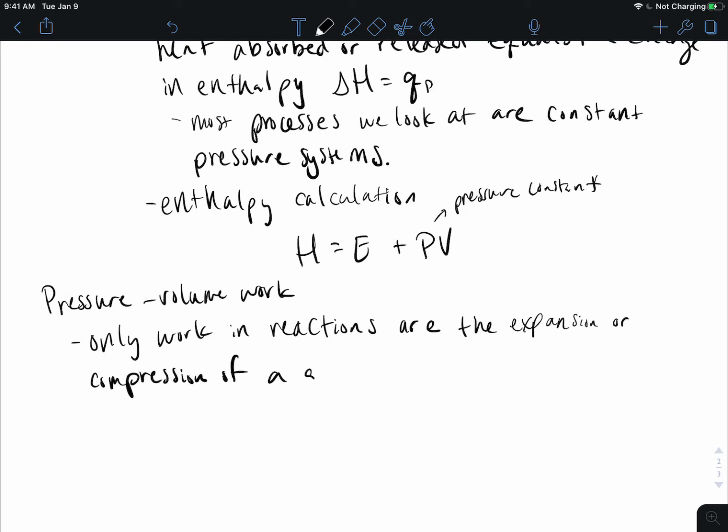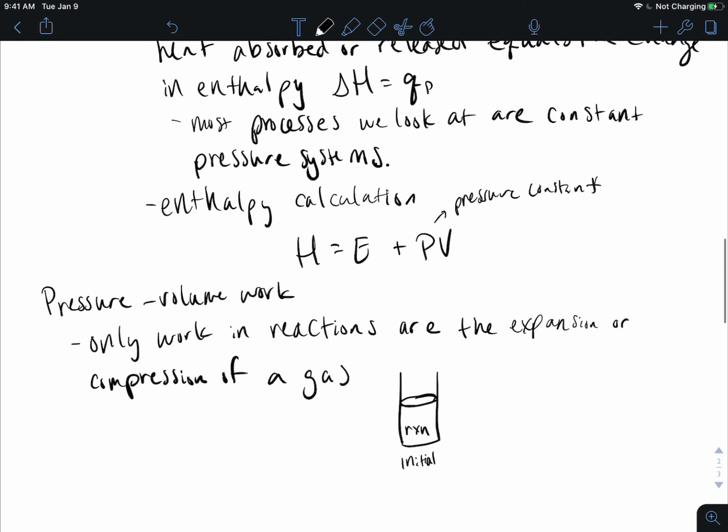So if we think about a cylinder, and in this cylinder we have a reaction. If this reaction produces a gas, then we're going to increase the volume in here because we're keeping pressure constant. So we're able to move this little cap right here. It will go up because the reaction is pushing on it with the expansion of a gas.